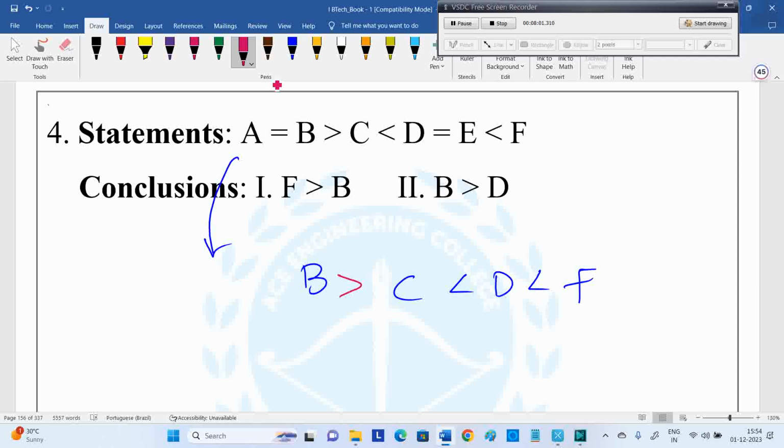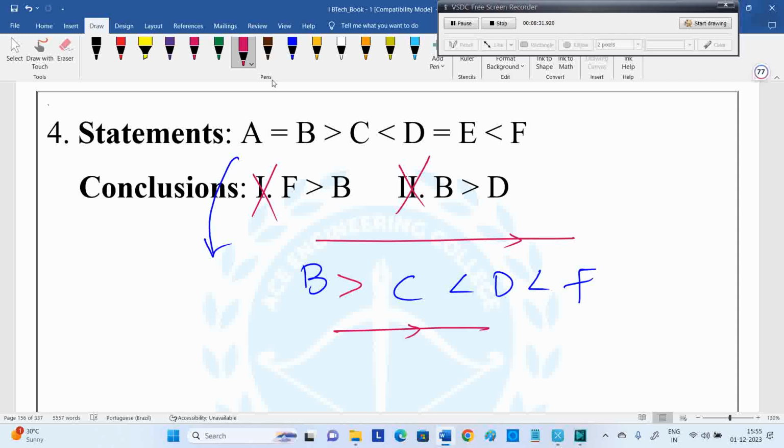Now, B to D, is there any common symbol? Is there any? No. So, out. Between B and F, through the path? No. Out. A and B both are equal. Use one variable only among that. Whether to use A or B, you see the conclusion, B is there. So ignore A. Among D and E, you can use only one variable.